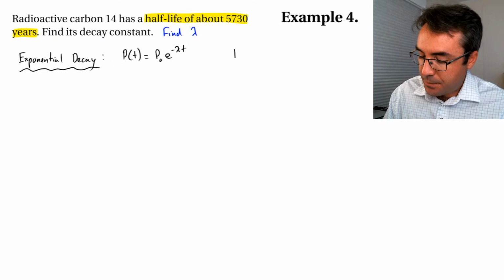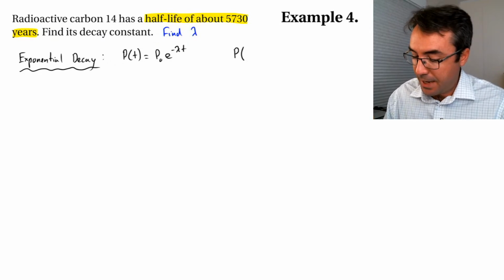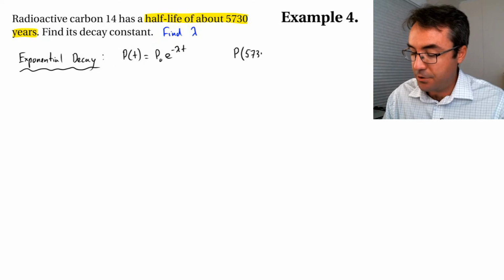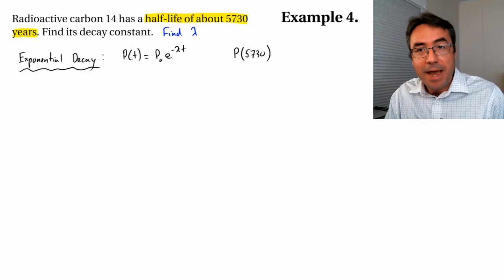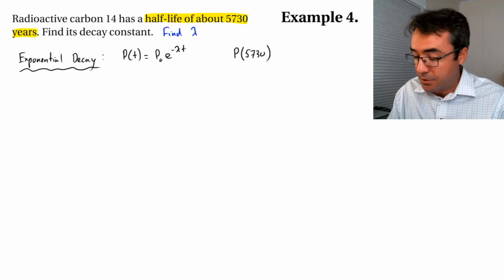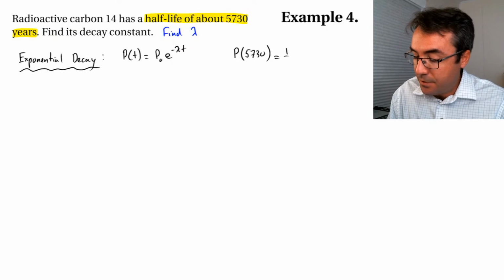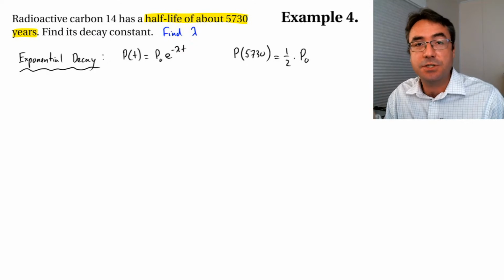Well, it means if we were to look at the quantity of our radioactive material at time 5,730, the mass of radioactive material after 5,730 years would be half of whatever we started with. So it would be half times our starting mass, our initial mass, P0.